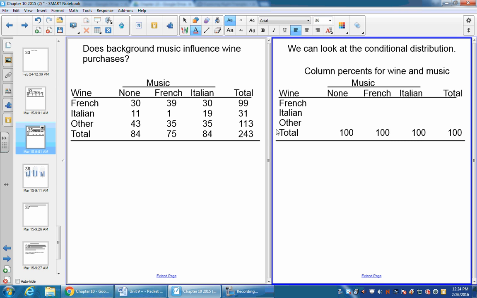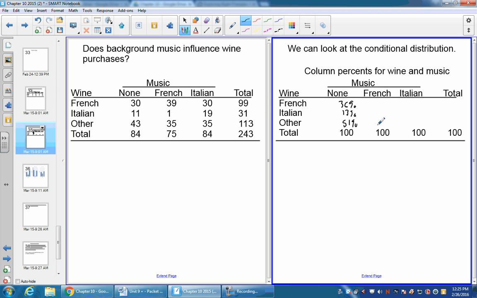So when they're playing no music, let's see what the totals were. 30 out of 84 gives us about 36%. Italian music was 11 out of 84, which is about 13%. And then 43 out of 84 is about 51%.